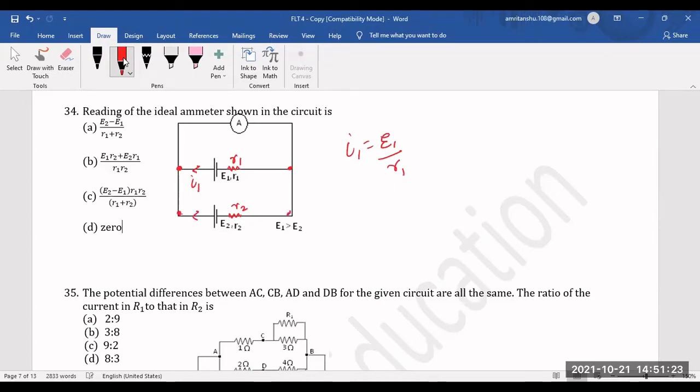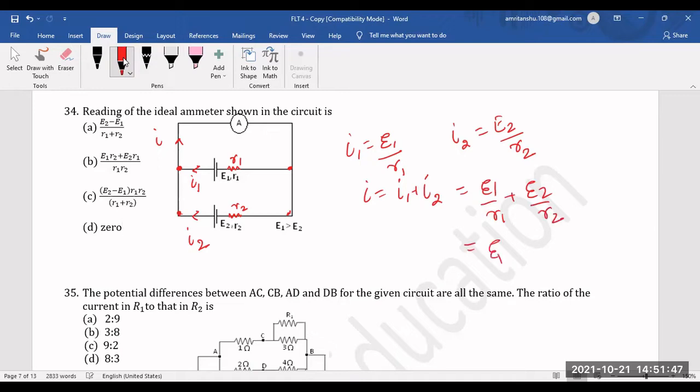So let's say current that goes because of this battery to this ammeter is I2. So here I2 will be E2 by R2. Now the total current that flows here is I, which is equal to I1 plus I2. And when you put these values, E1 by R1 plus E2 by R2 makes it E1 R2 plus E2 R1 upon R1 R2. So correct option should be option B.